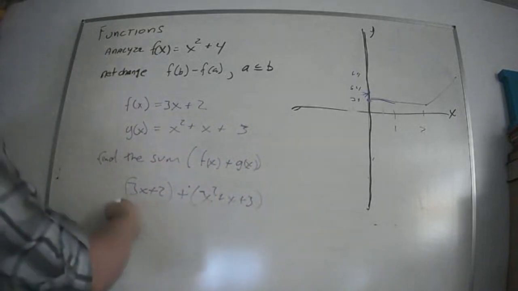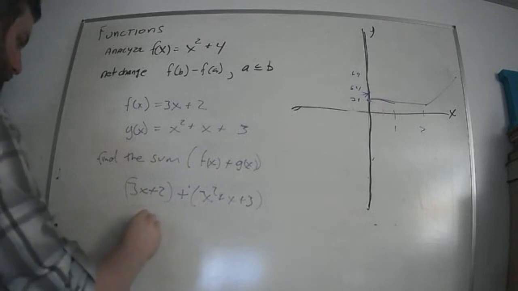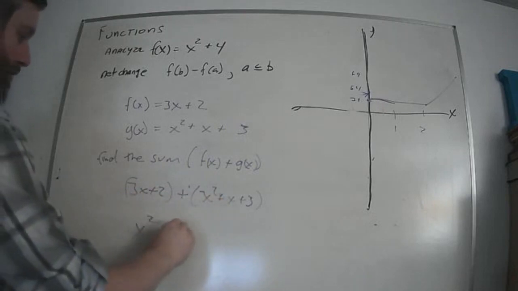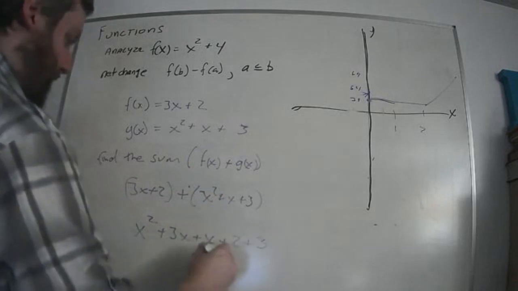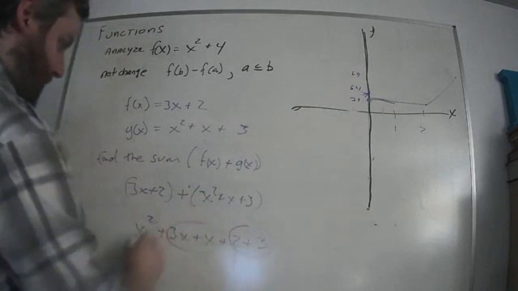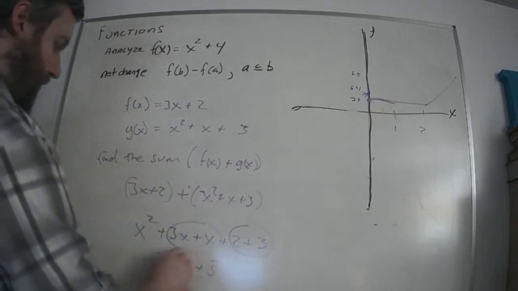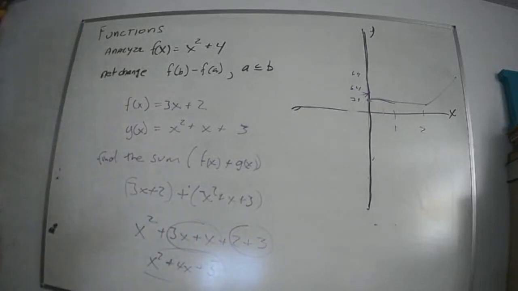And now I just combine like terms. I have only one x squared term, so I have x squared plus 3x plus x. Why don't I just write it like this for now, and then I will combine like terms this way and get x squared plus 4x plus 5. And that would be the sum of f of x plus g of x.